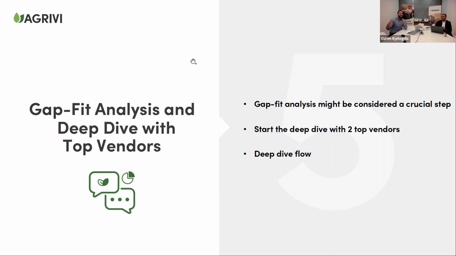If you start going into deep dive with 5 different vendors, you can certainly do that, but you have to be aware of time and investment that your whole organization, if you have different team members from different departments, are participating in meetings in the deep dive flow. So that's why we suggest the deep dive with top 2 vendors and keep the other 3 out of your top 5 as a fallback solution.